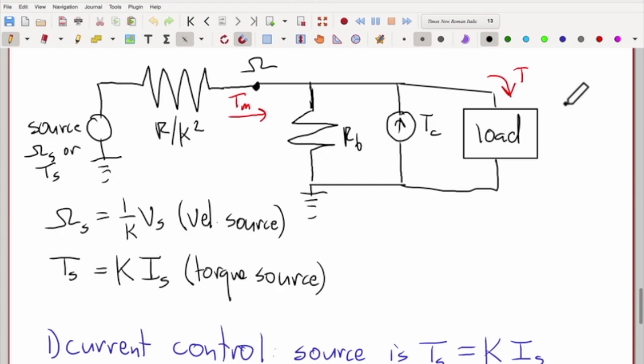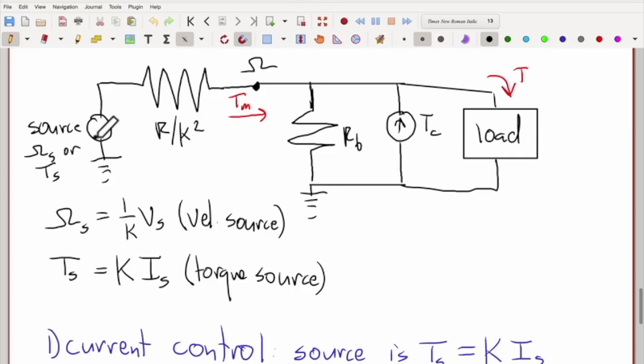And this can be attributed to essentially that all the torque that this source produces goes right through this serial resistance in series with the source, because this source is a through variable source, a torque source, which is like a current source. So all the torque coming out of here goes right through this unaltered.